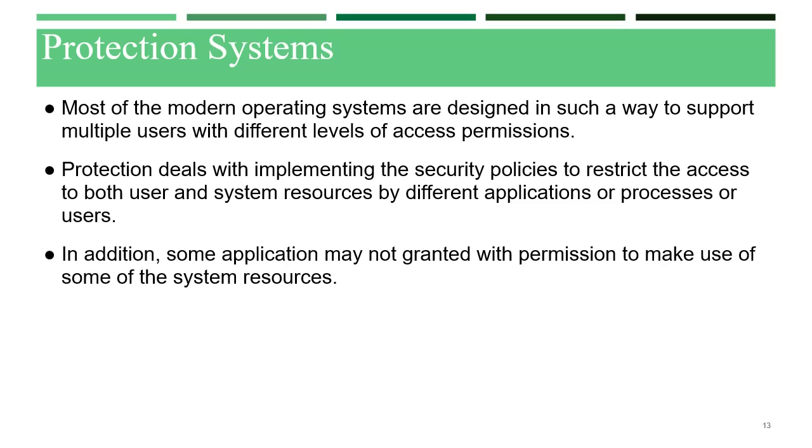In a multi-user operating system, one user may not be allowed to view or modify the whole or portions of another user's data or profile details. In addition, some applications may be granted permission to make use of some of the system resources. This kind of protection is provided by protection services running within the kernel.